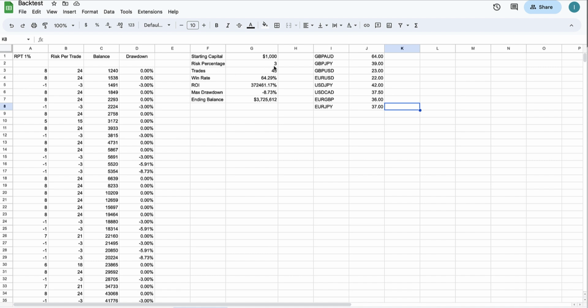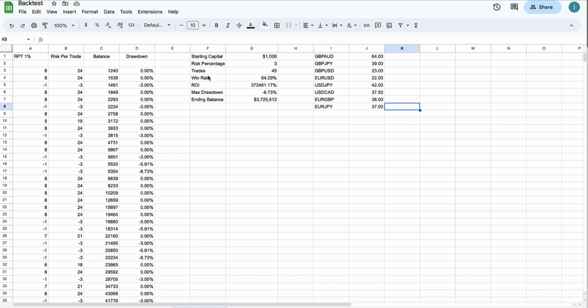And I have found that we were able to do 45 trades on these 8 pairs. And we had a win rate of 64%, which gave us a very high return on investment.